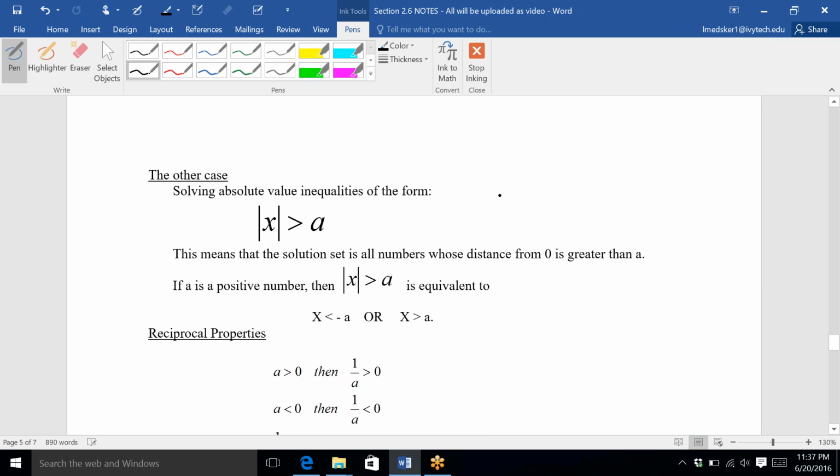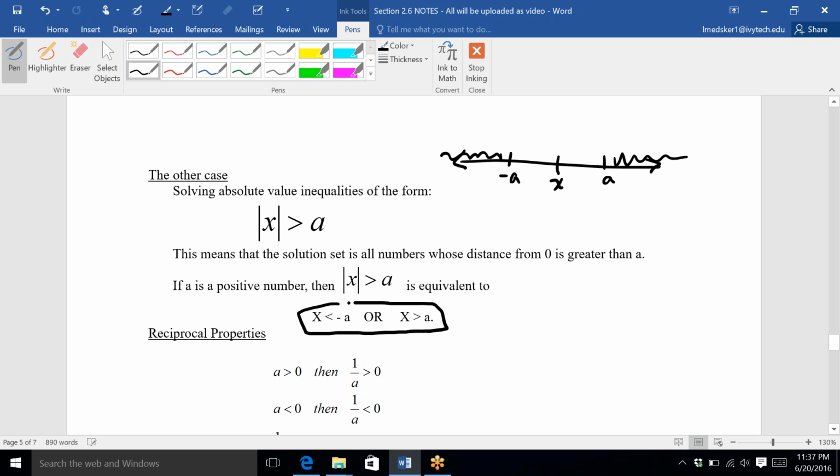Okay, the other case is when our distance is greater. Just as a picture, if x is your center, here's a, here's the opposite of a, so we went both directions. If you want your distance to be greater, you don't shade in between, you actually shade away from x. So we go to a and start shading away, go to negative a and start shading away. That actually breaks down into two cases.